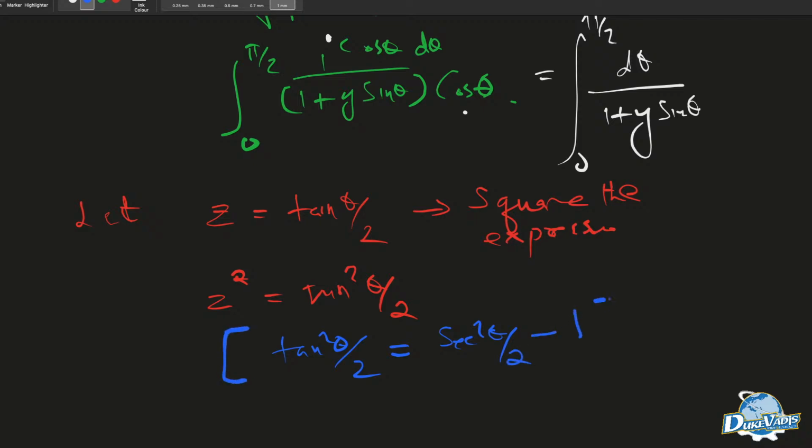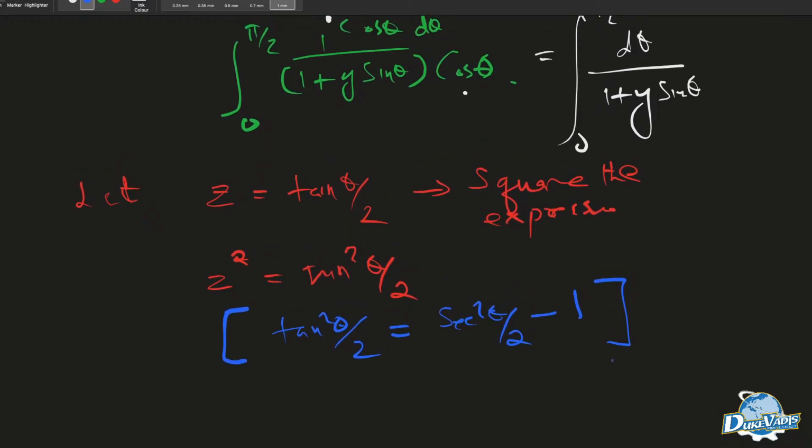So making sec squared theta over 2 the subject, this will be 1 plus tan squared theta over 2.